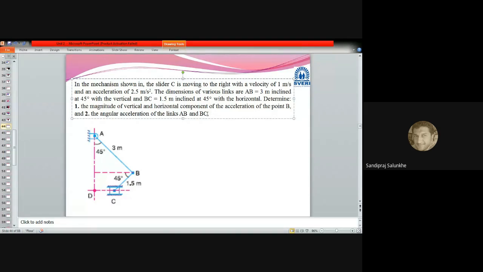That is nothing but alpha of AB and alpha of BC. Alpha is indicating angular acceleration. Right. So step by step we have to solve it. First step, what we have to do?